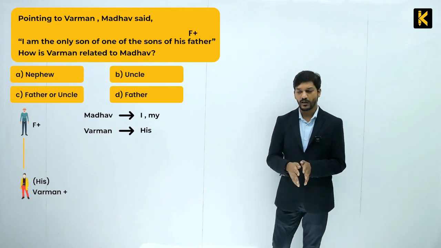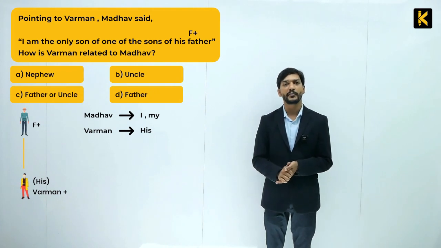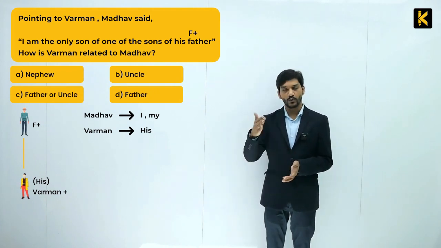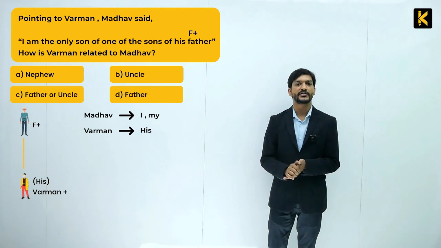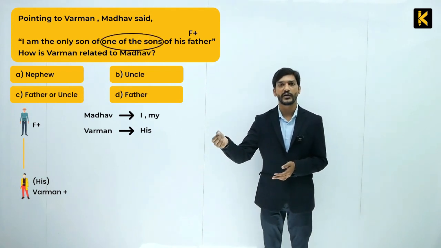Alright. Now go back in the statement, please. What is the next thing mentioned in the statement? The next thing mentioned is one of the sons of his father.